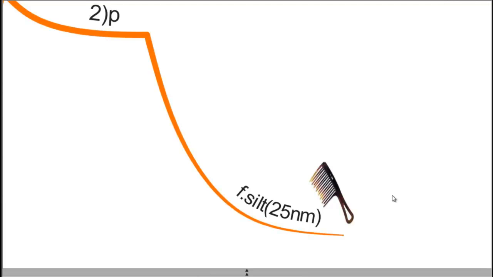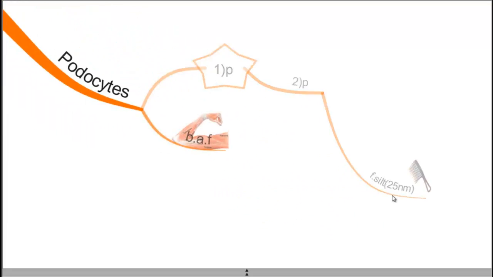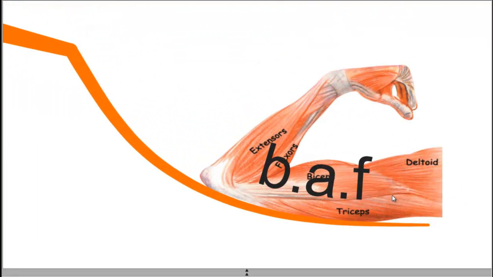The secondary processes of podocytes interdigitate, defining elongated spaces of about 25 nanometers. We call them filtration slits. Podocytes also have a bundle of actin filaments, which gives the podocyte the capacity to contract.